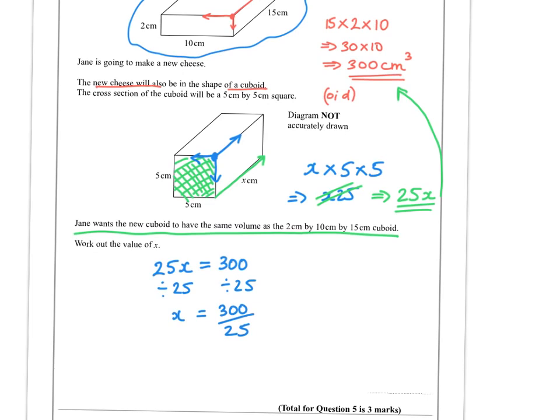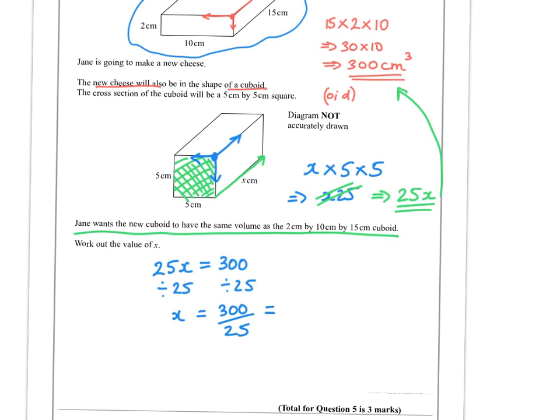Now to me it would be contentious to see whether that would be acceptable for the 3 marks, but I think on the mark scheme it would probably expect you to cancel that down. So I wouldn't worry too much about that.